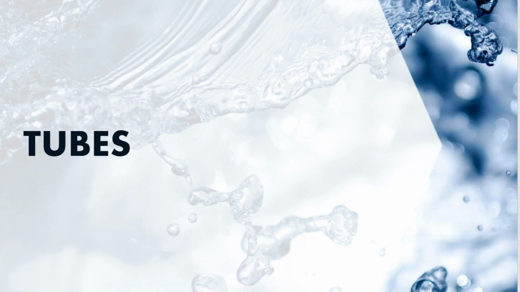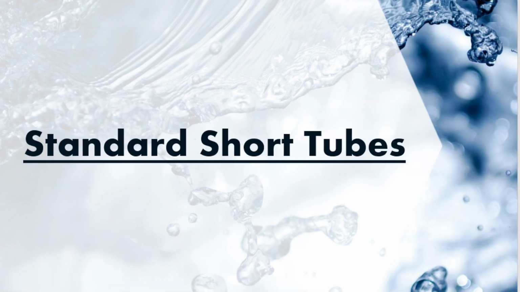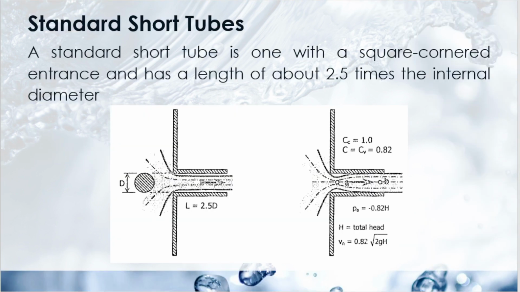tubes. Under tubes, first we have what we call the standard short tubes. A standard short tube is a tube with a square cornered entrance and has a length of about 2.5 times the internal diameter. In the figure on the left side, it shows the condition when the flow started suddenly with high heads so that the jet may not touch the walls of the pipe.